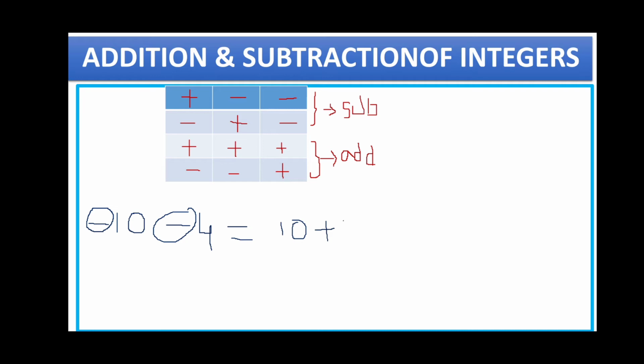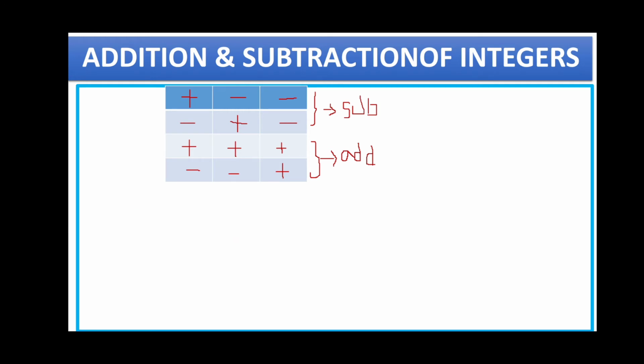So 10 plus 4 gives how much? Yes, it is 14. 10 plus 4 gives 14. And what sign do we have to assign for the value? Here both have minus. So same signs. So we have to assign that sign for the value, that is minus 14, because both integers have the same sign.